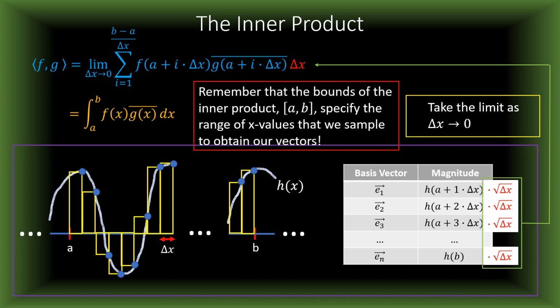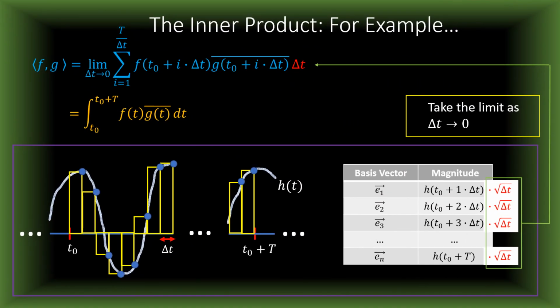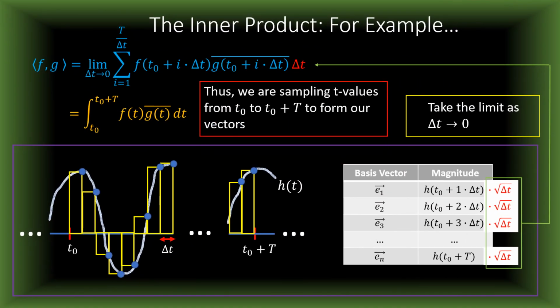Also remember that the bounds of the inner product from a to b specify the range of x values that we sample to obtain our vectors. So the inner product is what specifies this range of x values. And so in the Fourier series, we sampled t values from t0 to t0 plus T to form our vectors.